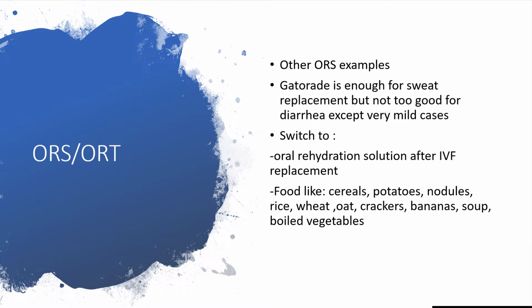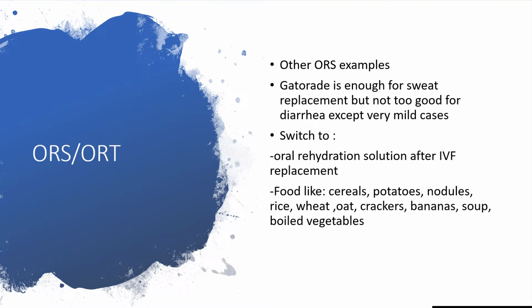Other oral rehydration solution examples are Gatorade. That will be enough for sweat replacement and for sports people, right? But not good enough for diarrhea except in very, very mild cases. Then you switch over to oral rehydration solution after you have resuscitated the individual with enough fluid intravenously.